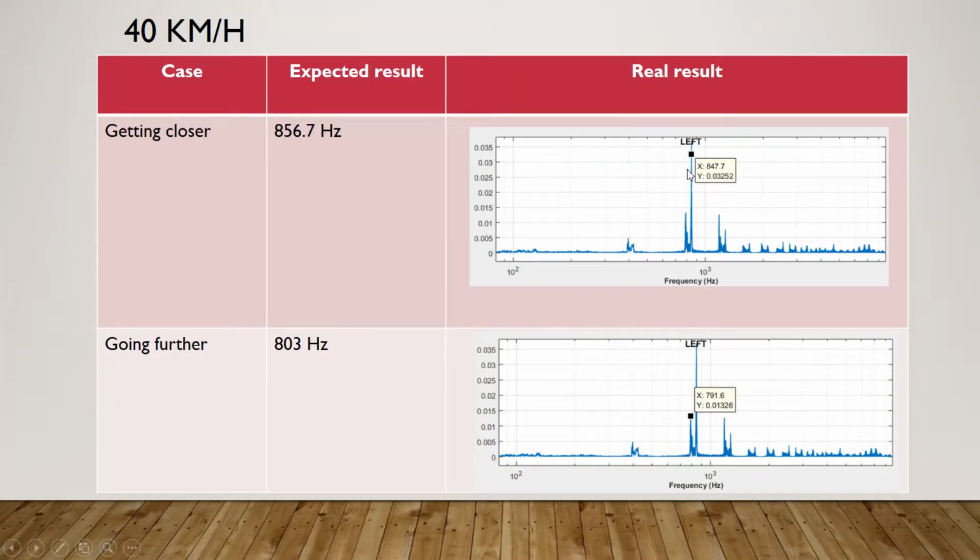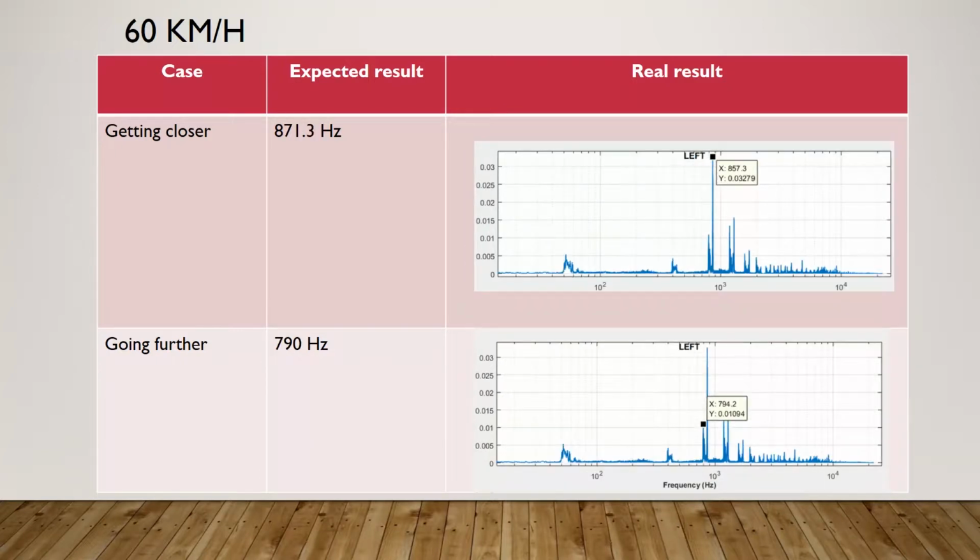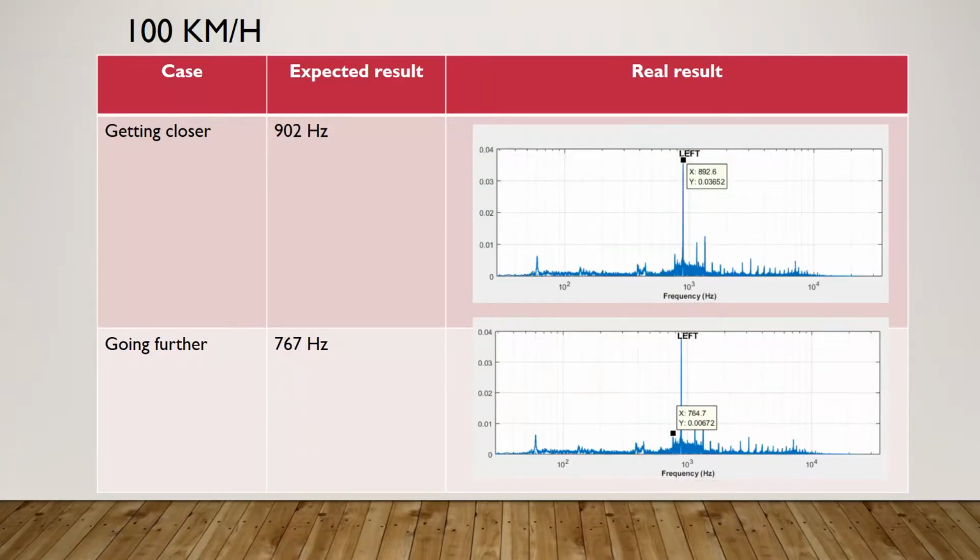The possible error could be an irregular velocity from the source or noise from the environment. Also, we can see that the faster you go, the greater the difference from the original frequency.